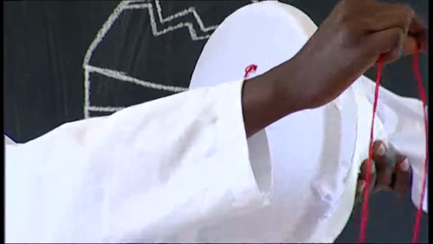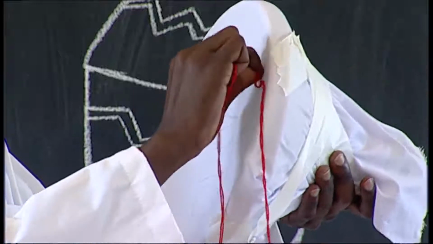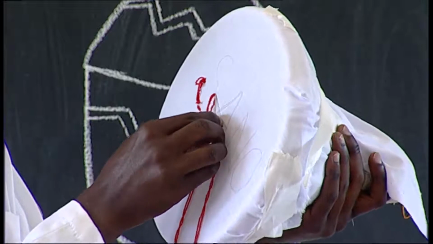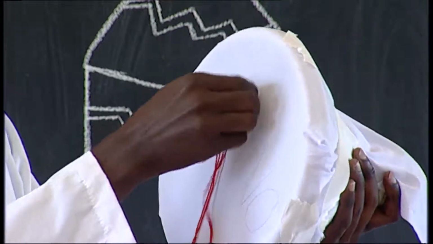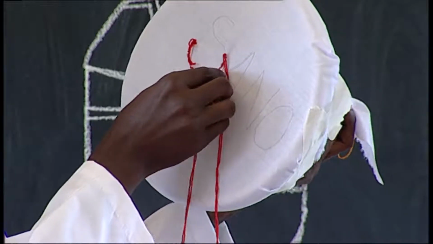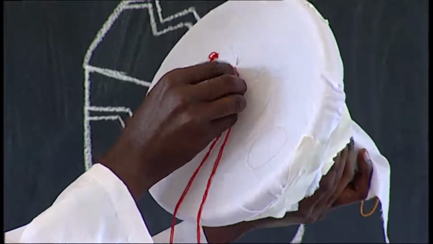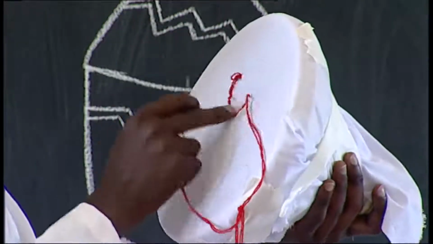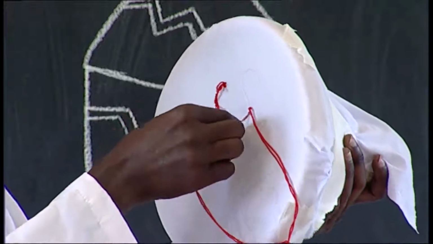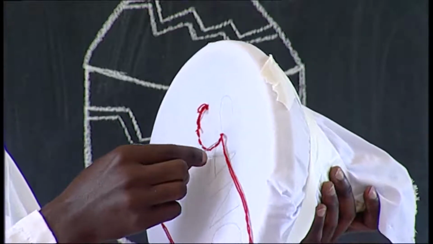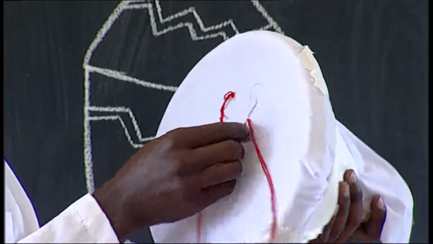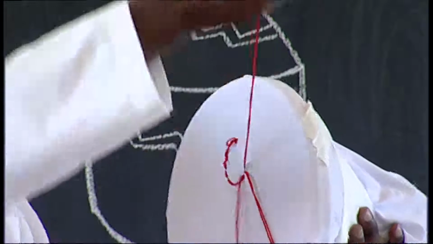So we are now weaving the name Sano on this piece of cloth using a thread and a needle, because you cannot use a thread without a needle. They help one another.